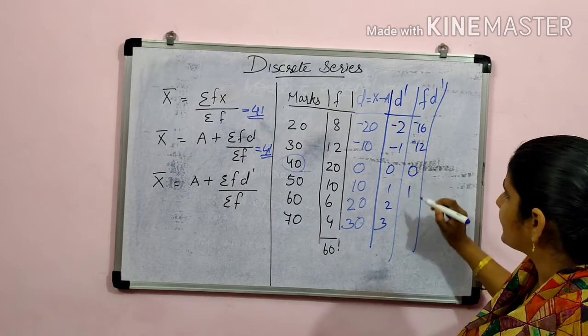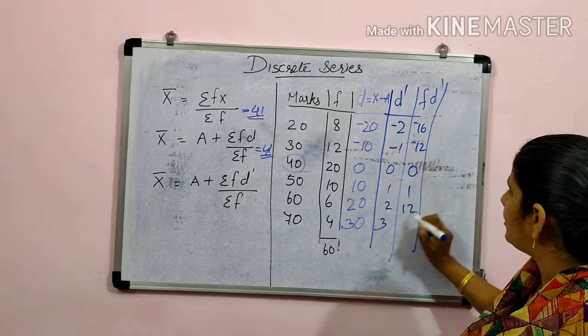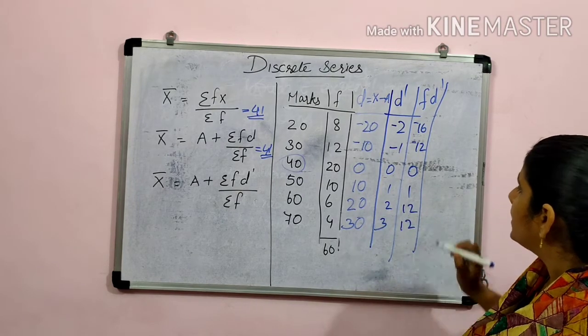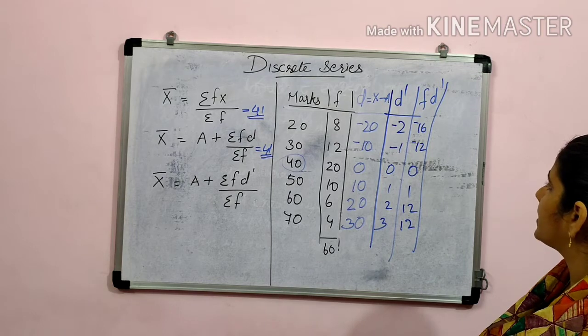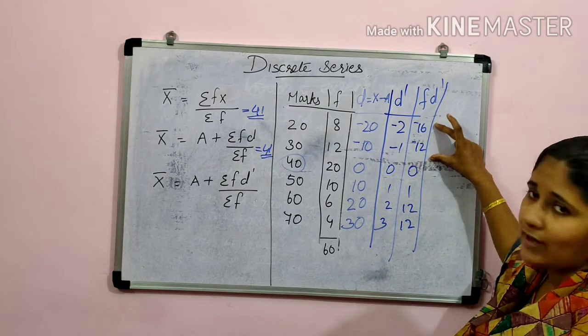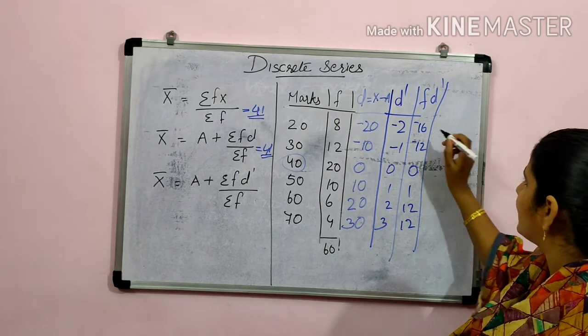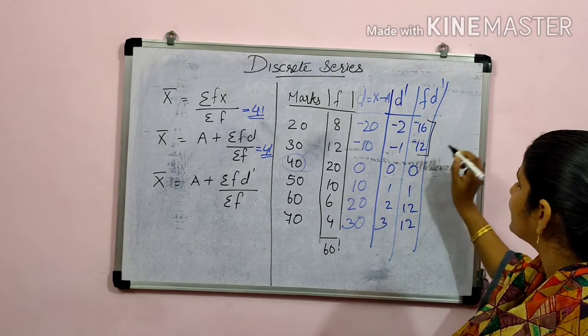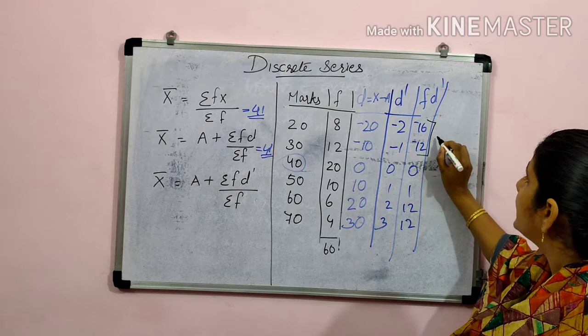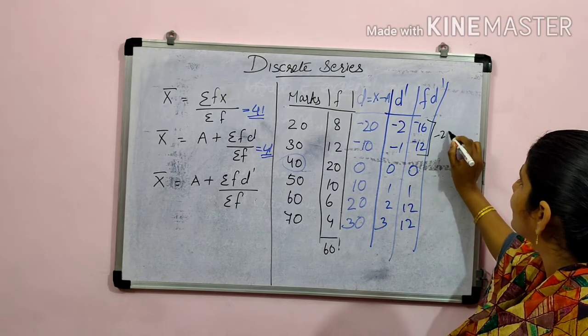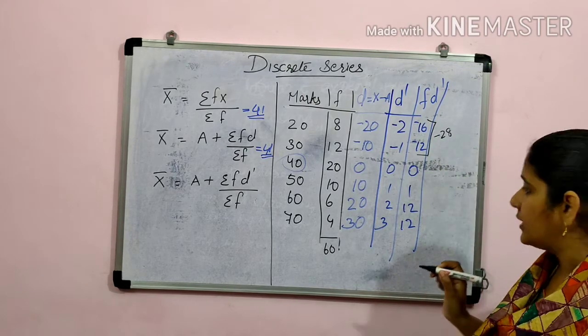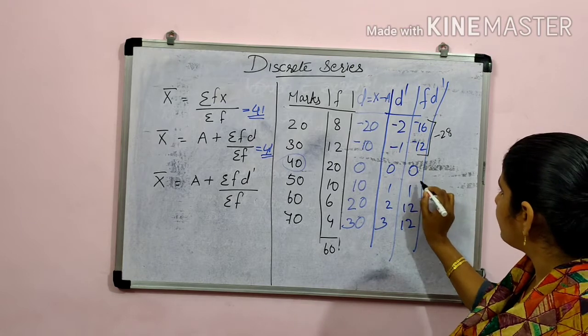Then 10 ones are 10, 6 twos are 12, 4 threes are again 12. Now just see, 2 minus values are there. When we add these two values, it will become minus 28.